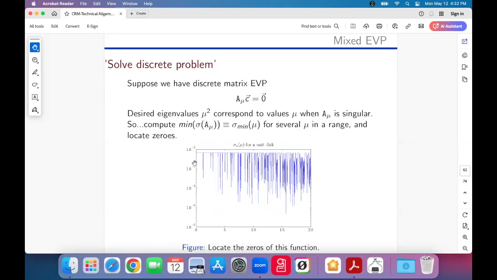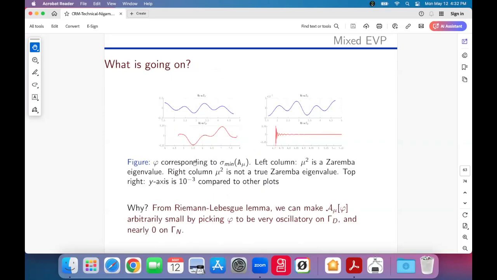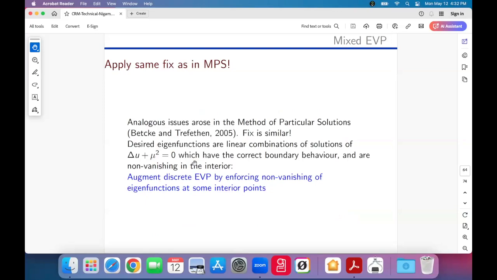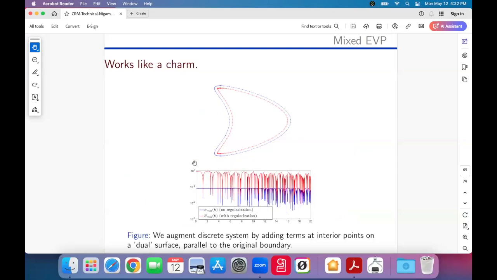We have issues with conditioning. This is identical to the issues that arise for the method of particular solutions. The cause here is a particular problem with the Riemann-Lebesgue lemma. We fix it the same way that the MPS is fixed. It works like a charm.